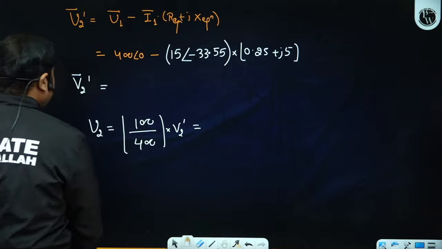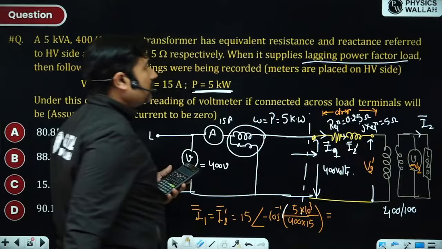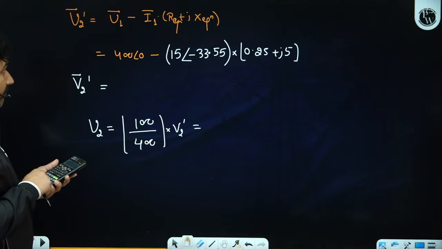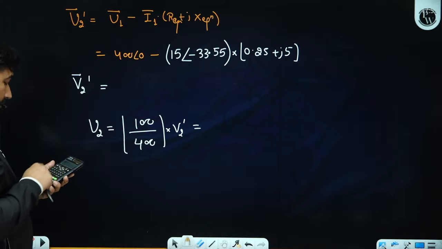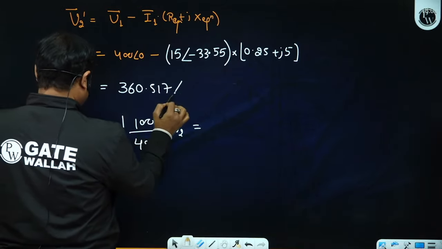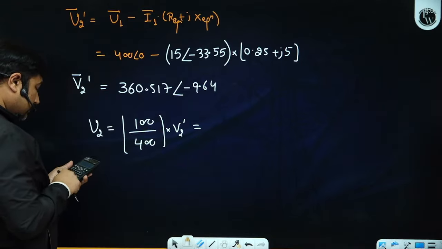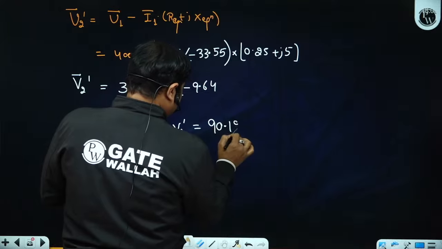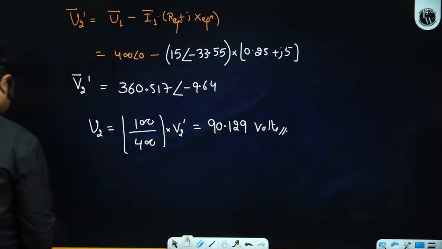Because in the question itself it is given that it is supplying a lagging power factor load, into 0.25 plus j5. 400 minus this answer will give you 360.517 at angle 9.64, and into 100 by 400, the magnitude will become 90.129 volt. So instead of 100 volt, under the operating condition we are getting 90.129.